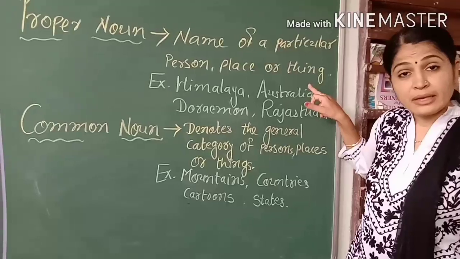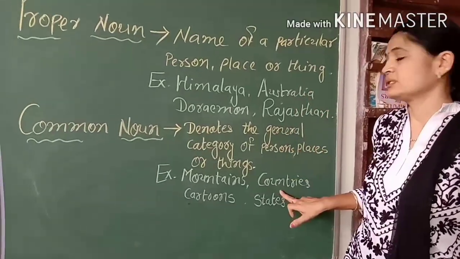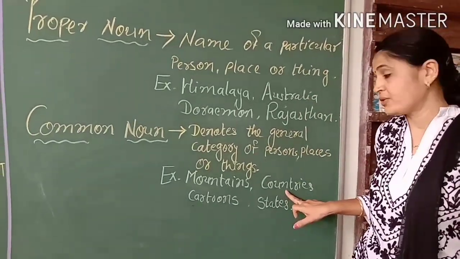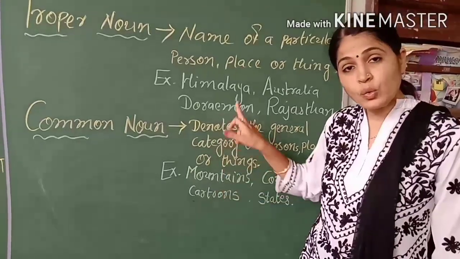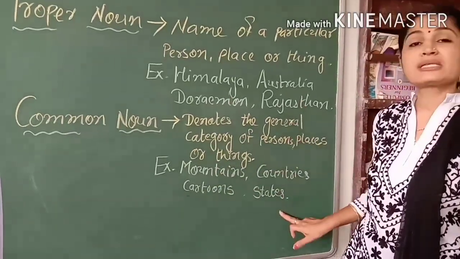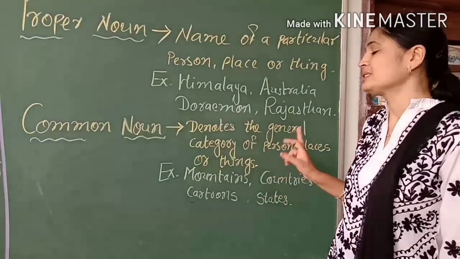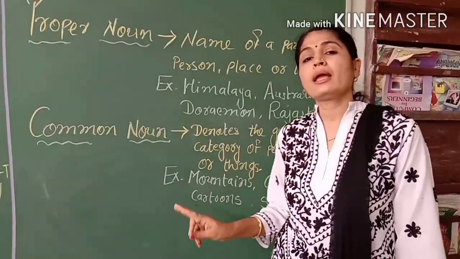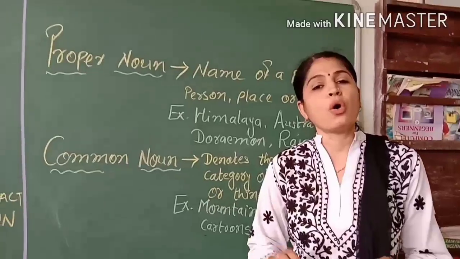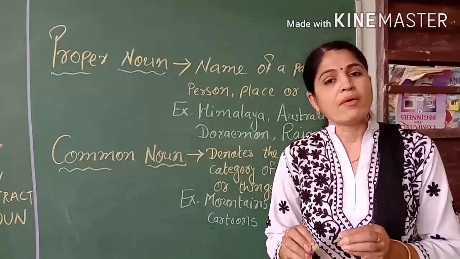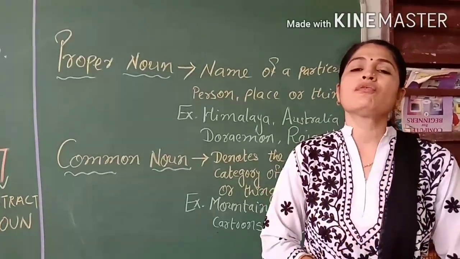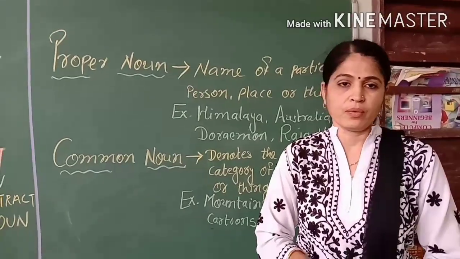Countries, here the name of the country, this is the category, that's why countries. Likewise cartoons and states. So the general category of persons, places or things can be denoted as common noun. Again, write 5 examples of common noun in your notebook.